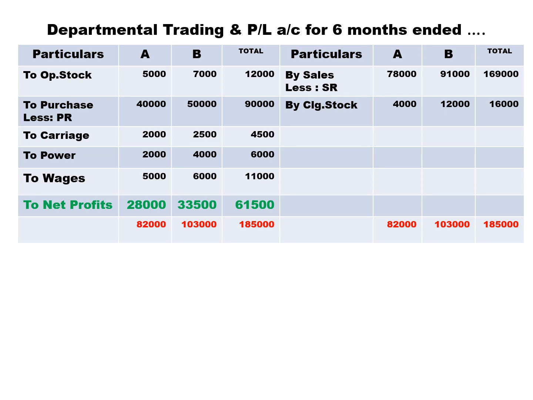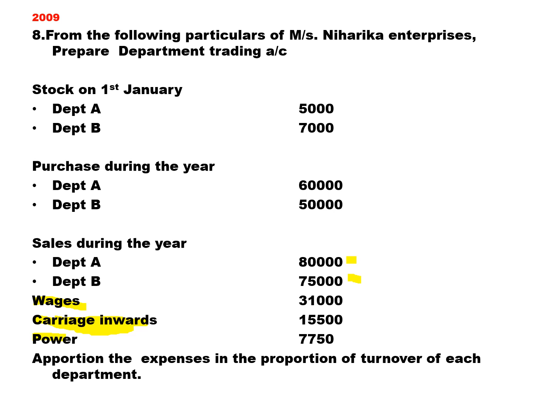Now let us go to the next question. From the following particulars of Niharika Enterprises, prepare departmental trading account. So students, first we have opening stock as on 1st January.